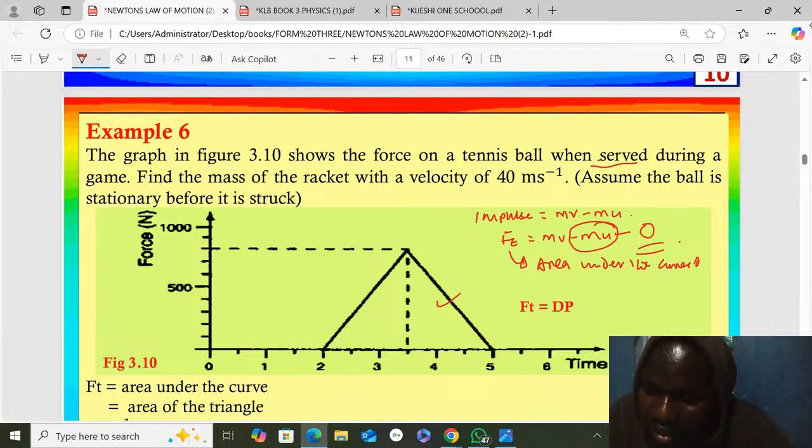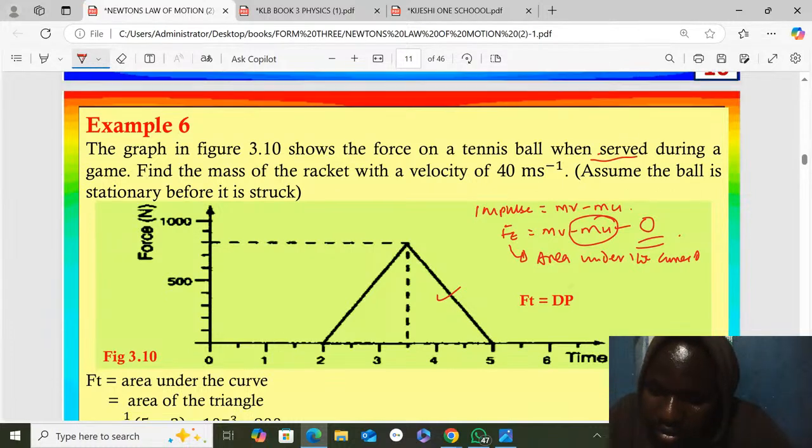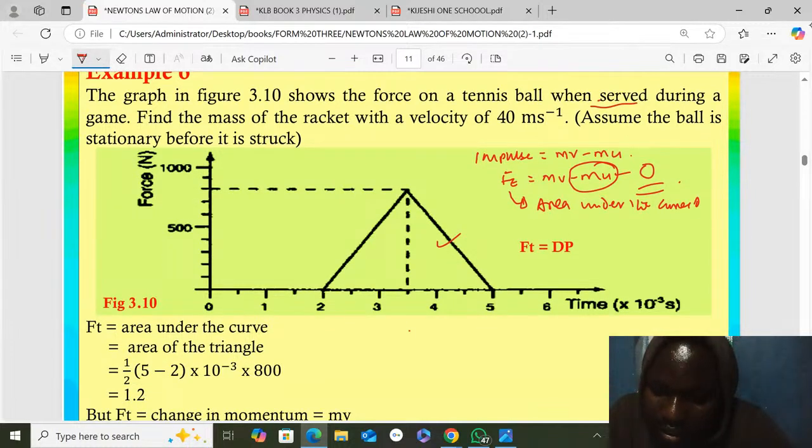And this is a triangle. Therefore, the area will be half times the base, which is from 2 to 5, so 5 minus 2, then we multiply by the height.